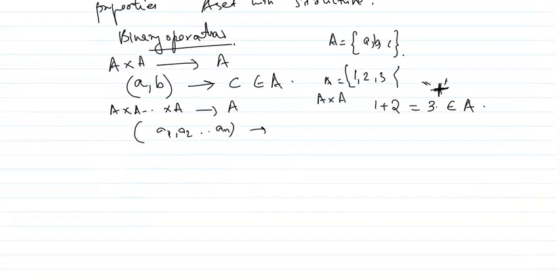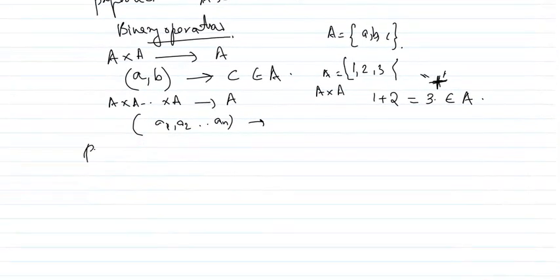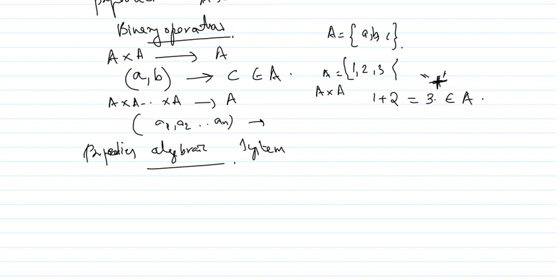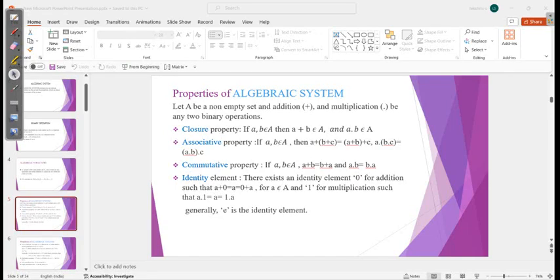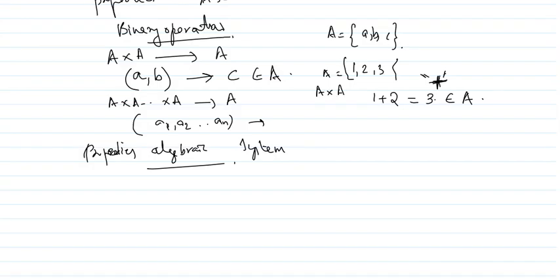Let A be a non-empty set, and addition and multiplication are the two binary operations. So which are the two binary operations? A set A is there, two operations are there, addition and multiplication.